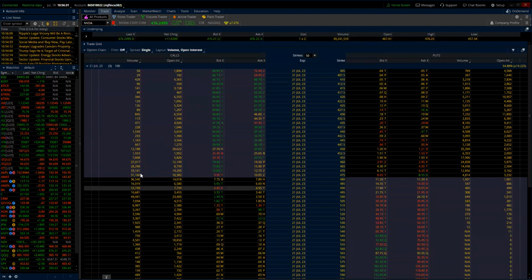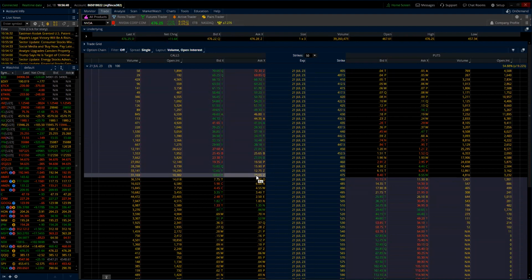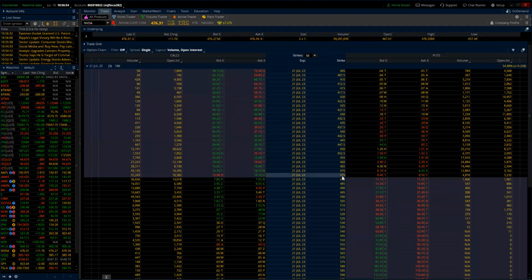So when you're dealing with these options, let's just take a peek, 475 is the at the money, $10. So in essence, I'm selling you the right to purchase from me 100 shares of NVIDIA at $475. But because you're paying $10 for it, you're paying $485 for that stock.